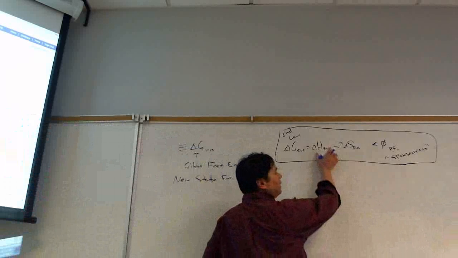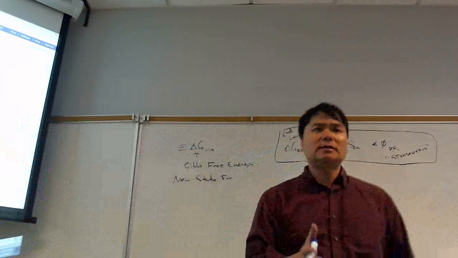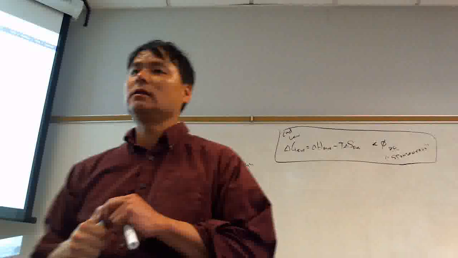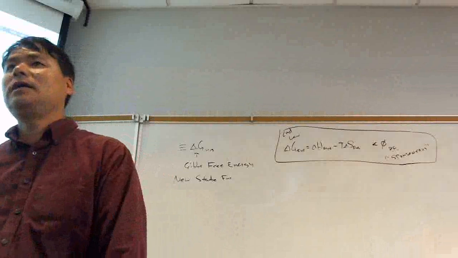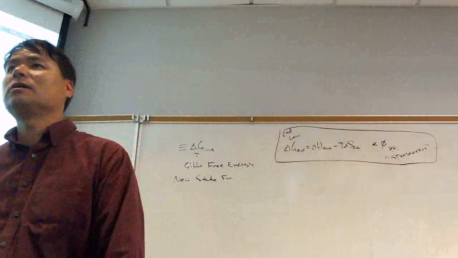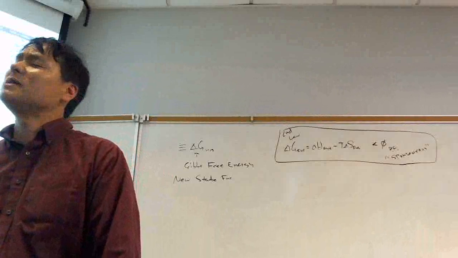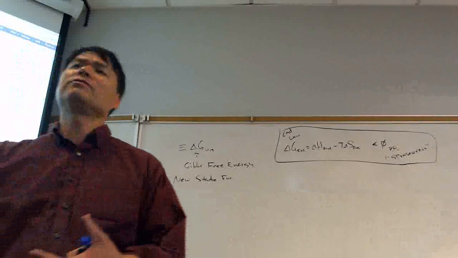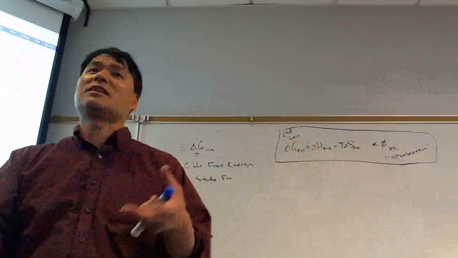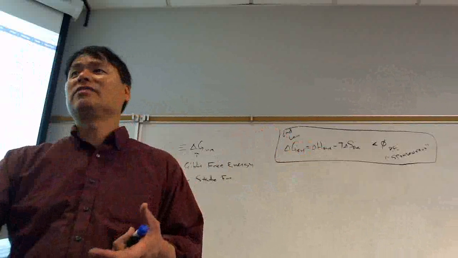And so if delta H is positive, what does that mean? Delta H is positive means that we're dumping heat from the system into the surroundings, but it's not just heat, because if it were going from heat to heat, it seemed like the entropy would break even.